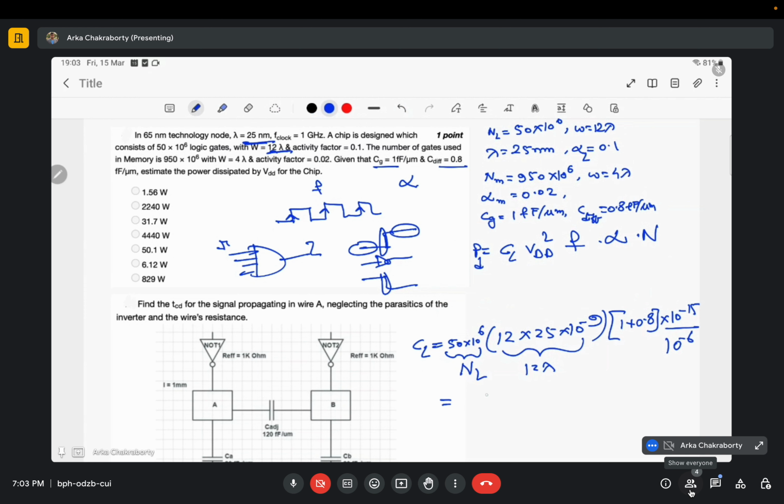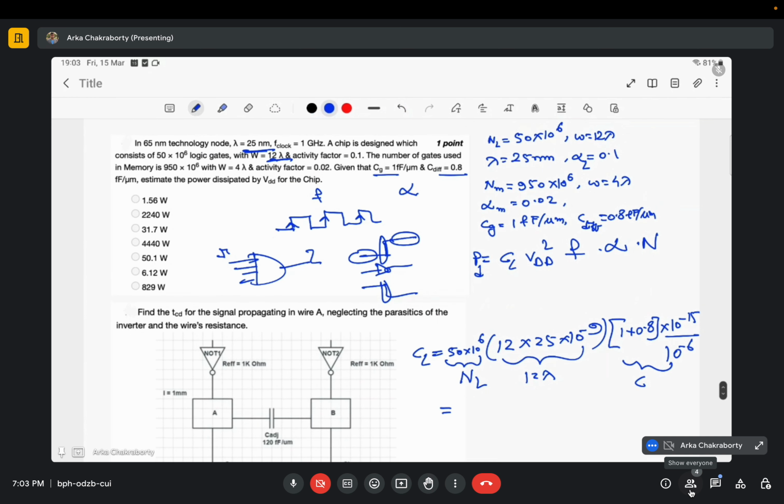So if I solve it, this is basically my capacitance. It is 50 into 10 to the power 6 into 12 into 25 into 10 to the power minus 9, into 1.8 into 10 to the power minus 15, divided by 10 to the power minus 6.